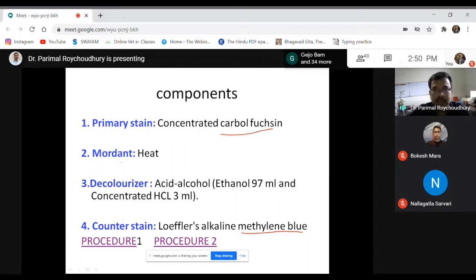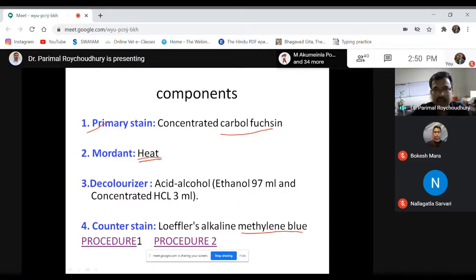The primary stain that we use in acid-fast staining is concentrated carbofuchsin, or sometimes we call it strong carbofuchsin. We prepare the bacterial smear, then we flood this smear with the carbofuchsin. Then here it is very interesting: we apply heat.